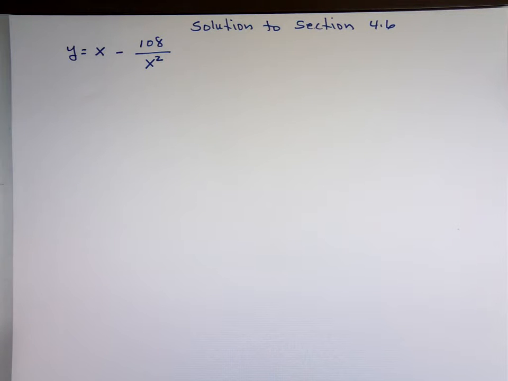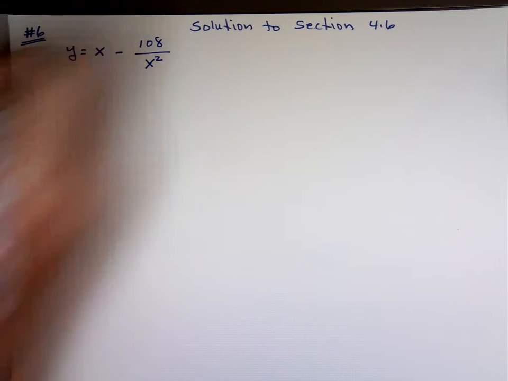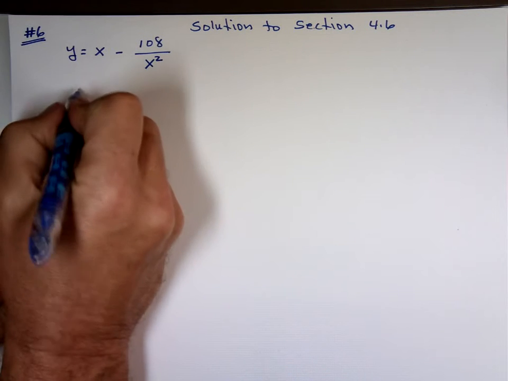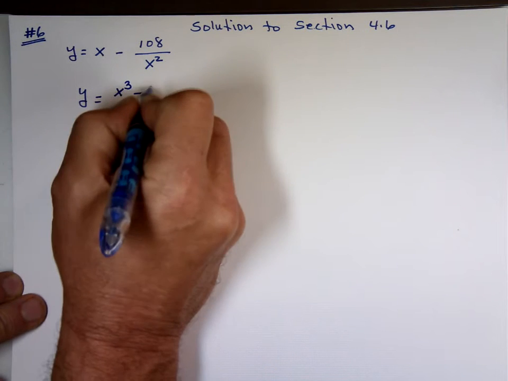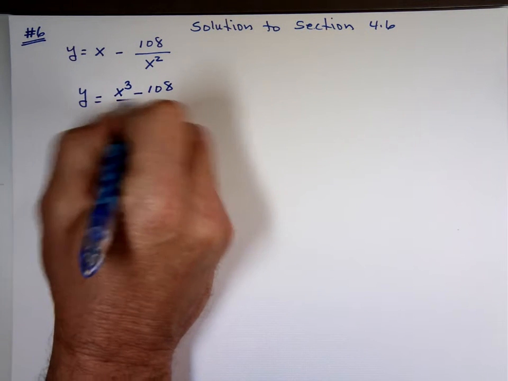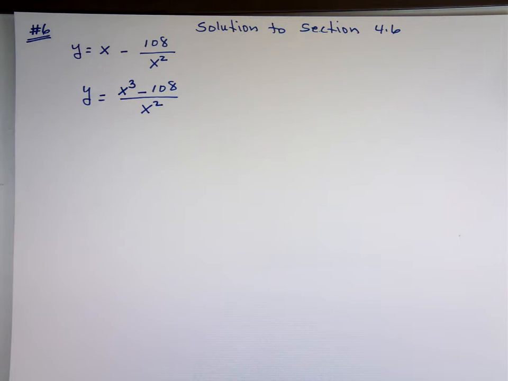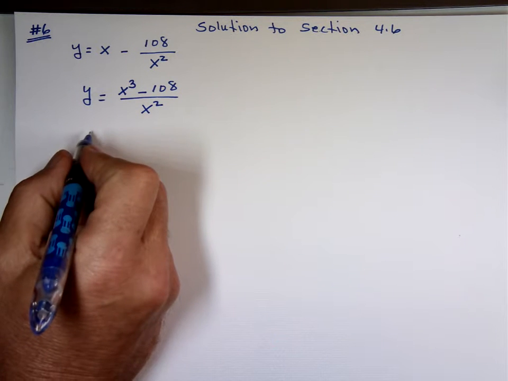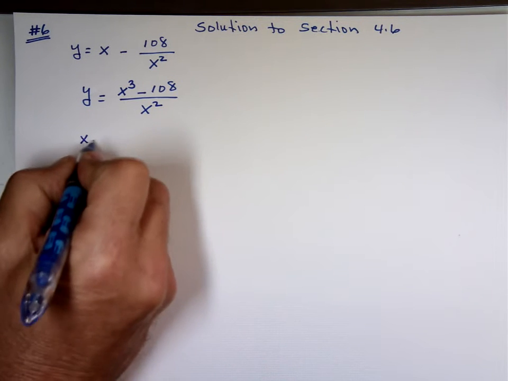So this is number 6. This is the problem which you can rewrite as x cubed minus 108 over x squared. Again, the first question, what is the x-intercept?